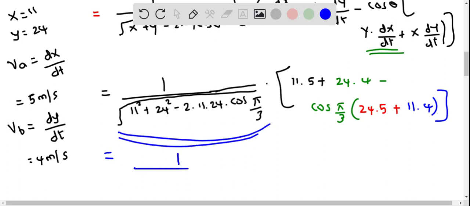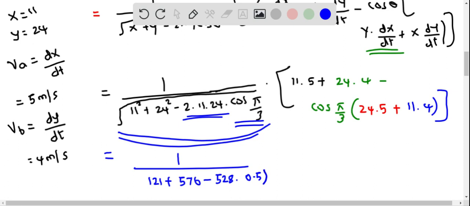Maybe if we simplify this, we will get 11 squared is 121 and 24 squared is 576, and then we multiply these numbers. 2 times 11 times 24, and this equals 528, and the value of cos pi by 3 is half, so I can put this as 0.5, and this should be under the square root, and then we have these numbers. 11 times 5 is 55.